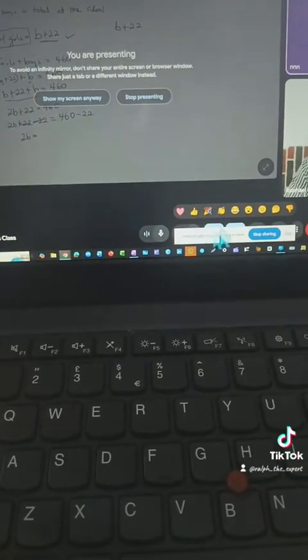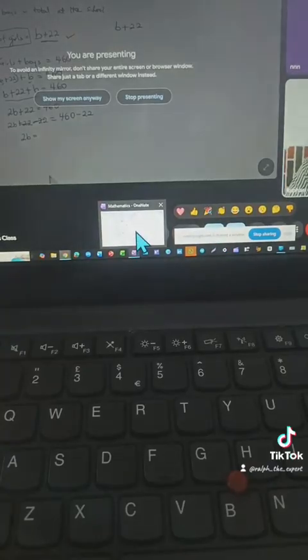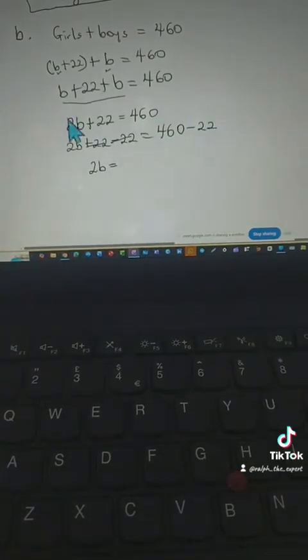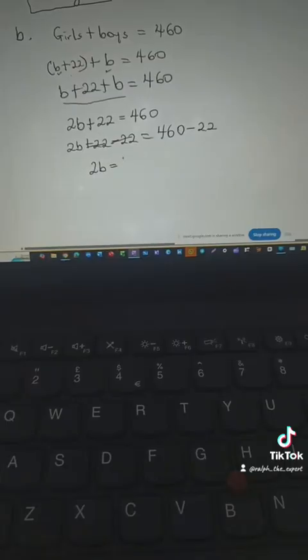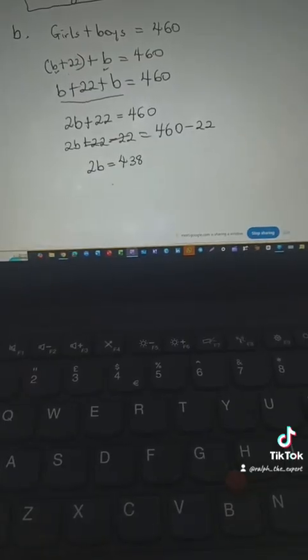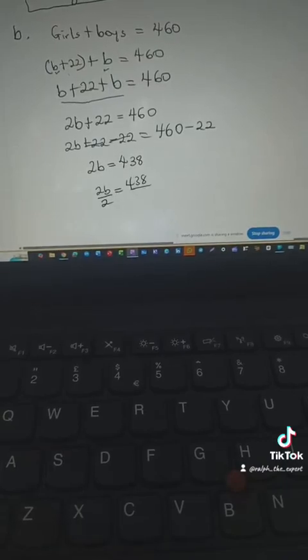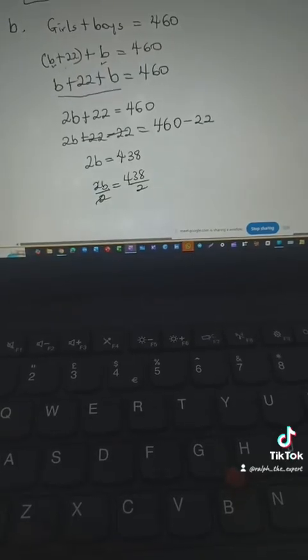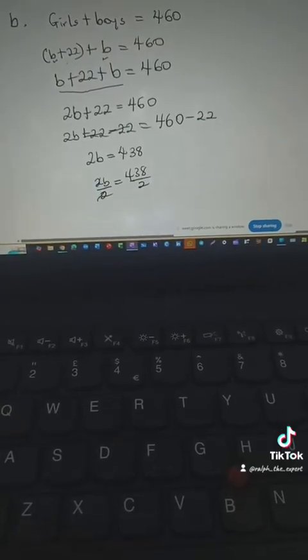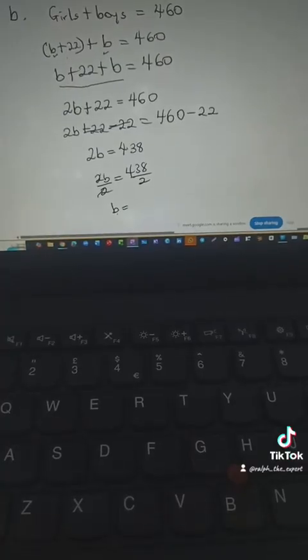Yeah, 2B will be equals to 438. So what would be B? Yeah. So what will be the final answer? B will be equals to what?